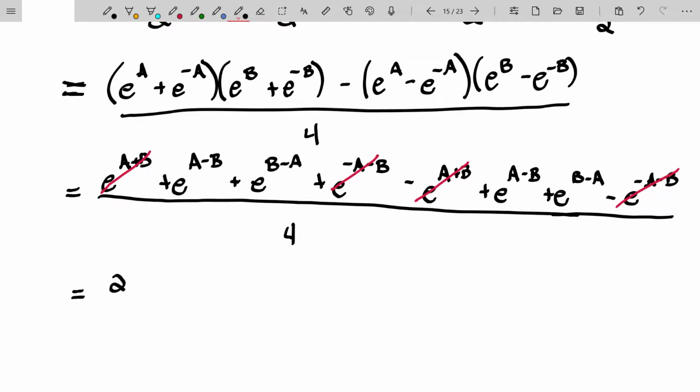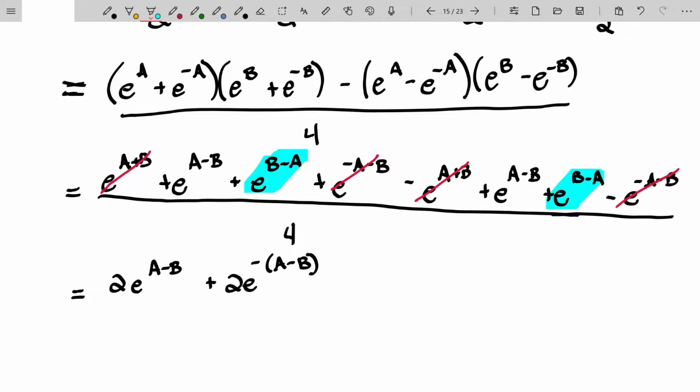We have two of those e to the A minus B's. Let me just showcase them here. It's this guy, A minus B, and this guy, A minus B. And we also have two of those e to the B minus A's. But I'm going to write those e to the B minus A's as e to the negative A minus B. And that comes from, again, this and this.